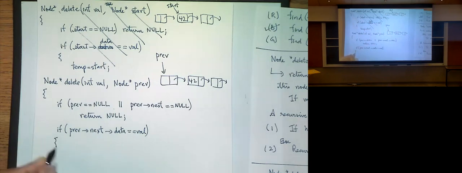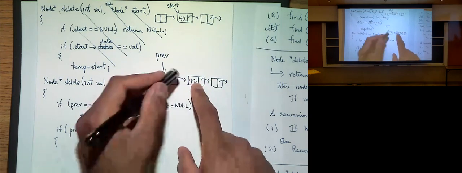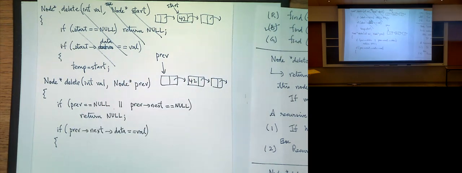Now we can write usually 3 or 4 lines of code to have this pointer skip over that, and then that node gets deleted. Yes? No? Okay, so this is a good time to take a break. So let's take a break for 3 or 4 minutes. You can step out, step in, whatever you want, and then we'll continue.